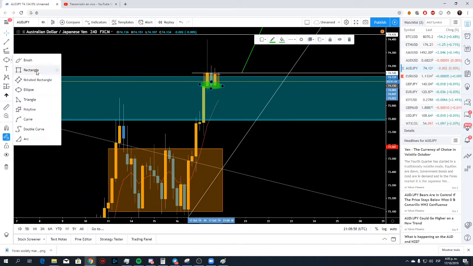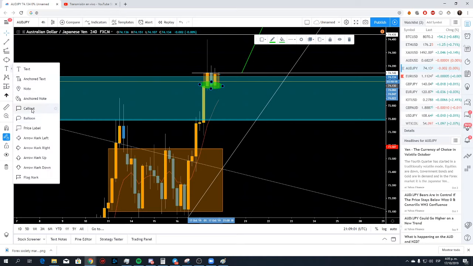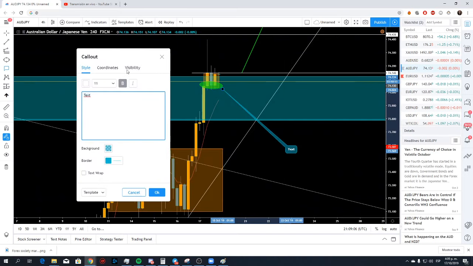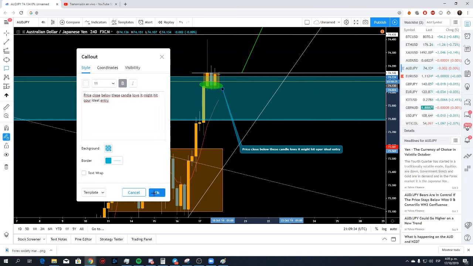Let me write it here. Price close below this candle's lows, it might hit our ideal entry.